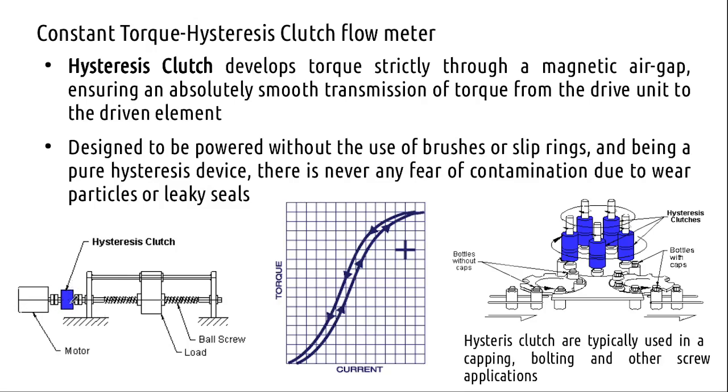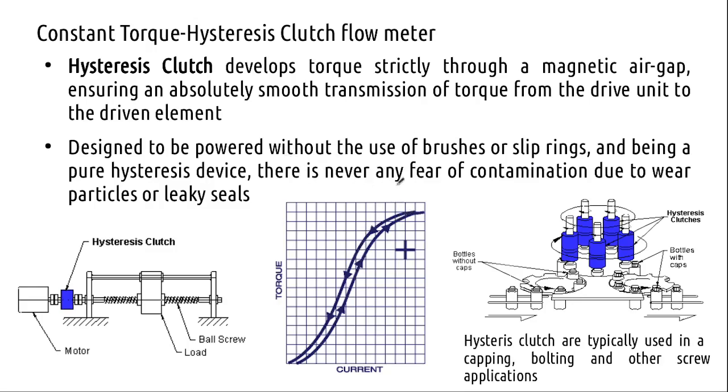You don't have any mechanical coupling, just an electromagnetic coupling. So you increase the magnetic field strength, you are going to transmit more power, more torque, right? Your magnetic field current is increased, so the torque is increased.